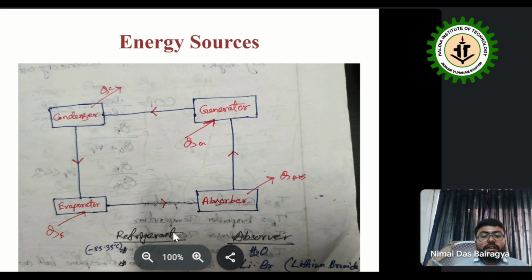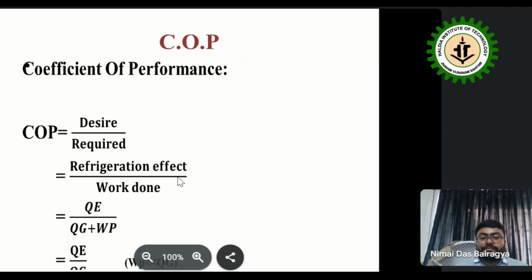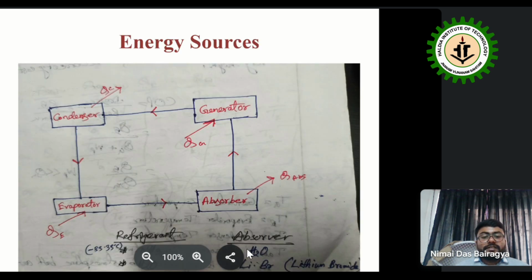We can use refrigerant like ammonia, with H2O as absorber. When we use H2O as refrigerant, we can use LiBr, lithium bromide, as absorber, and we can create a temperature of minus 33.35 degrees Celsius, a very low temperature. So this is the pair of refrigerant and absorber.